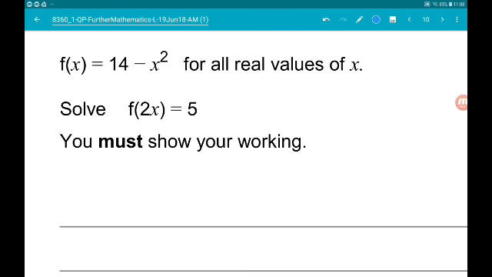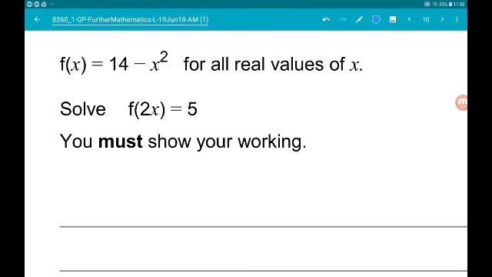Okay, question 9, we have functions. Again, plenty of stuff on this. Check down below. So, f of x is 14 minus x squared for all values of x. We want to solve f of 2x equals 5. We must show our working, and it's a nice 4-mark question, so I believe this is the biggest one so far.